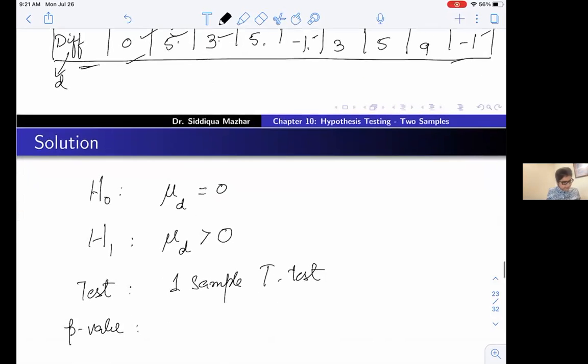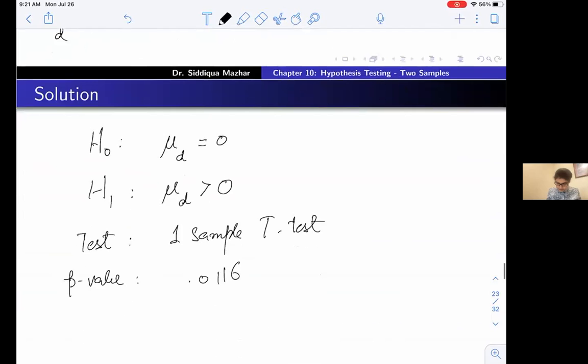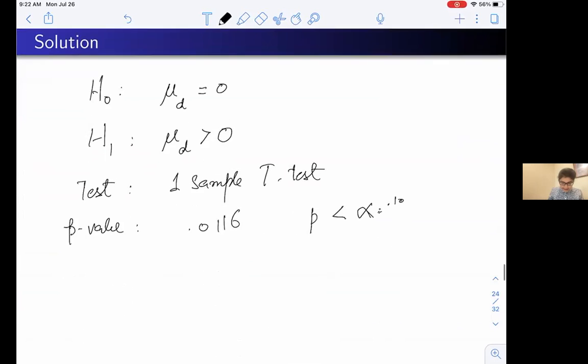So now your p-value is 0.0116. So what was the alpha? Alpha was given as 0.10 in your question. So this value of p is less than alpha, because alpha is 0.10. If p is less than alpha, what is my conclusion? The conclusion is that we are rejecting the null hypothesis.